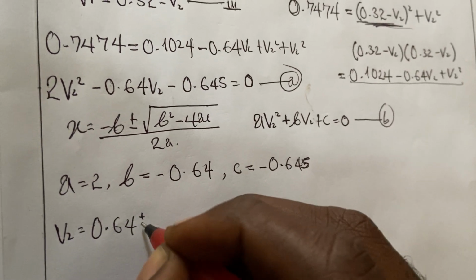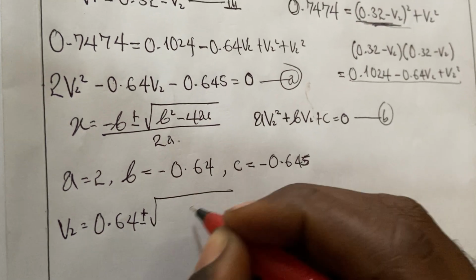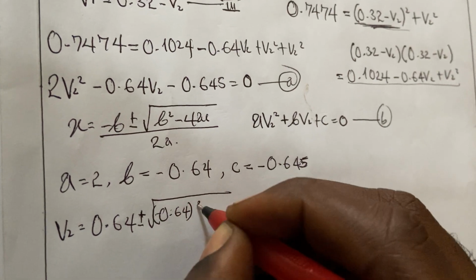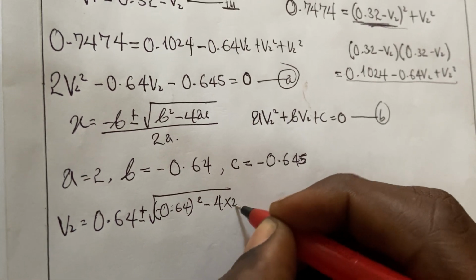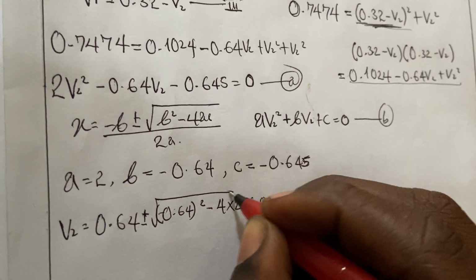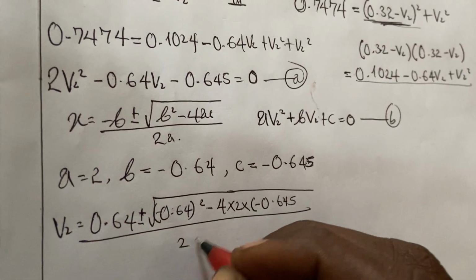Now substituting the values, it means v2 equals 0.64 plus or minus the square root of 0.64 square minus 4 times 2 times (minus 0.645), over 2 times 2.